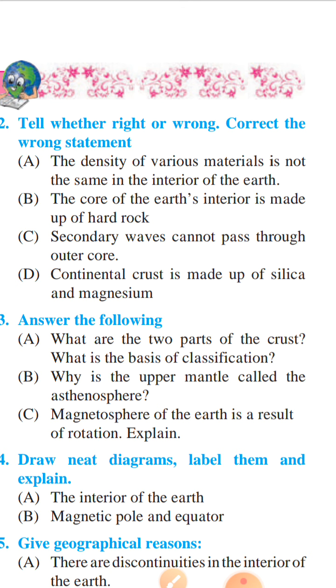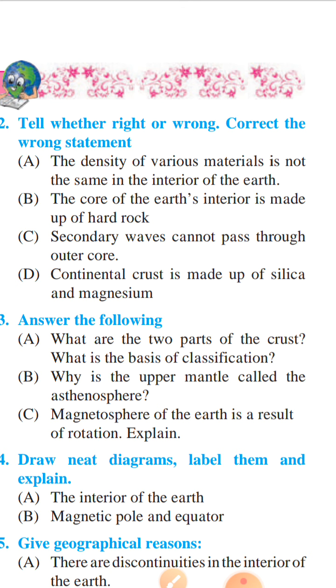Next one, continental crust is made up of silica and magnesium. Is it right or wrong? Yes, this is wrong. What is the correct statement then? Continental crust is made up of silica and which mineral?